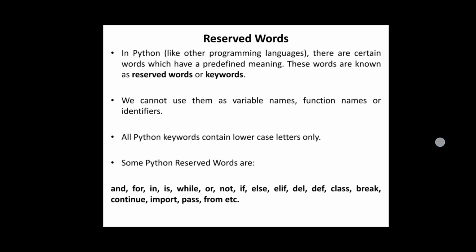Reserved words. In Python, like other programming languages, there are certain words which have a predefined meaning. These words are known as reserved words or keywords. We cannot use them as variable names, function names, or identifiers. All Python keywords contain lowercase letters only.